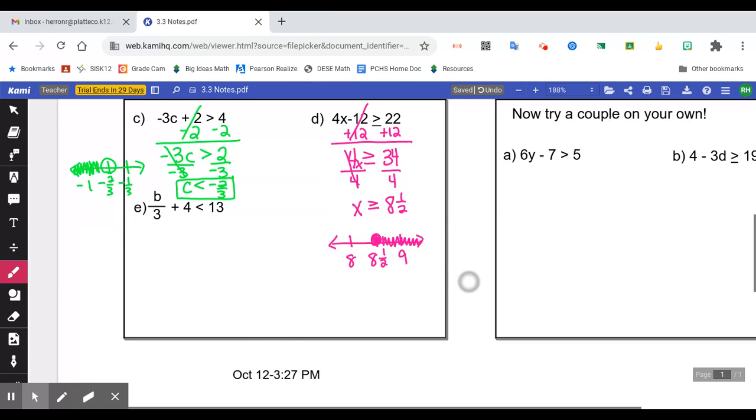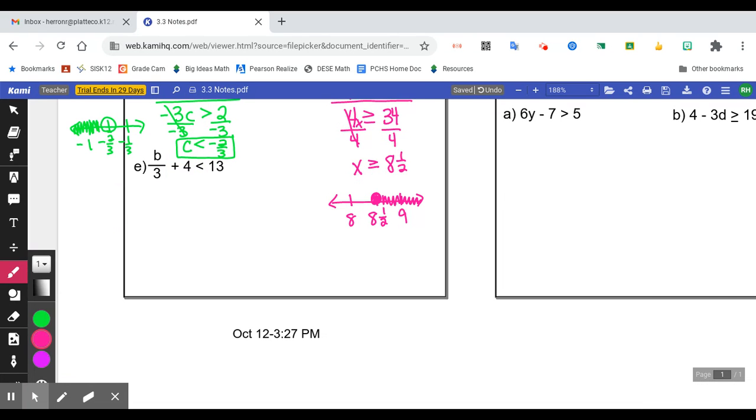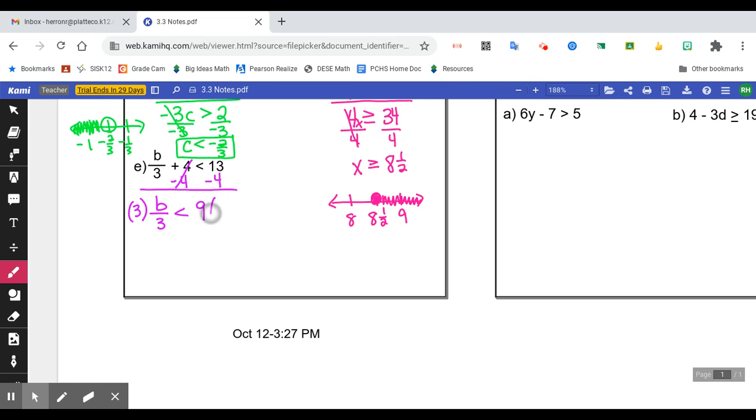Okay, one more together. I've got b over 3 plus 4 is less than 13. So again, that constant, or that number that's not with a variable, goes first. Going to get rid of 4. I have b divided by 3 is less than 9. b over 3 is division, so I'm going to multiply by 3.